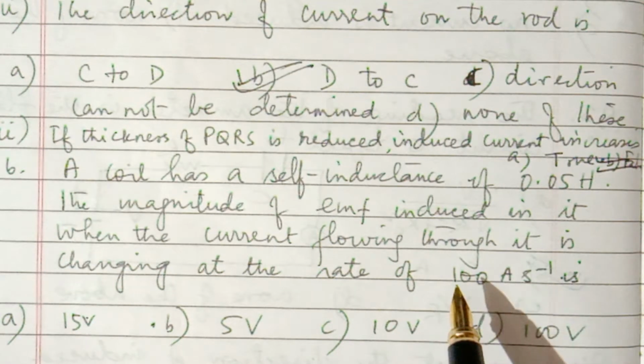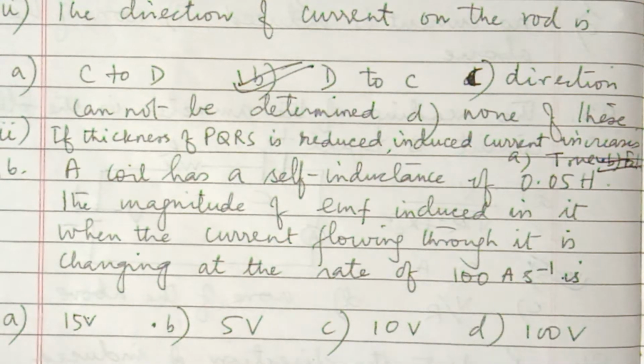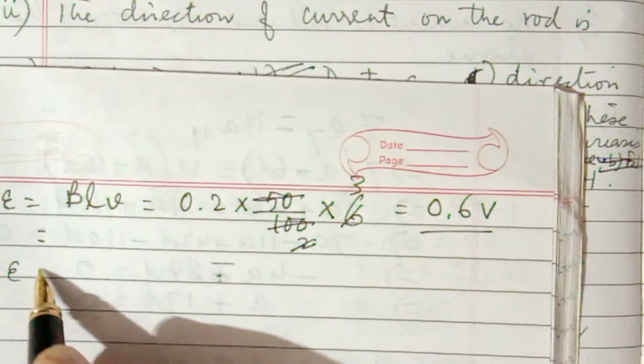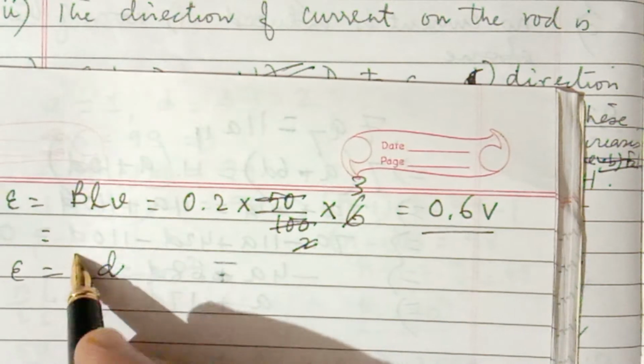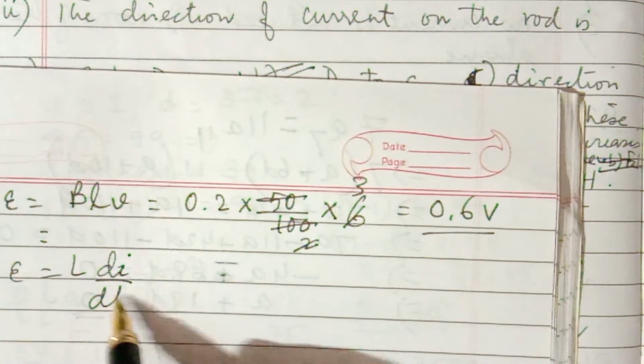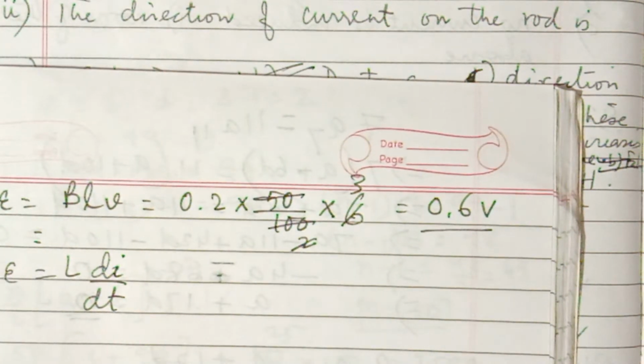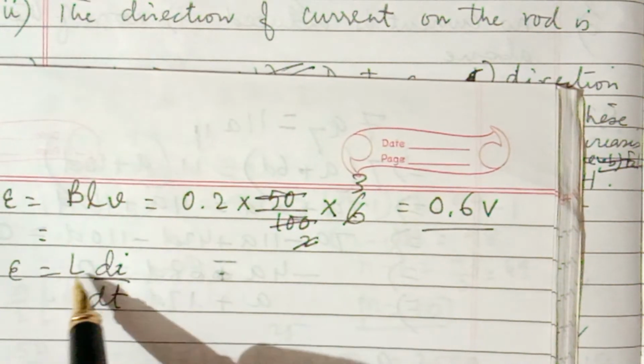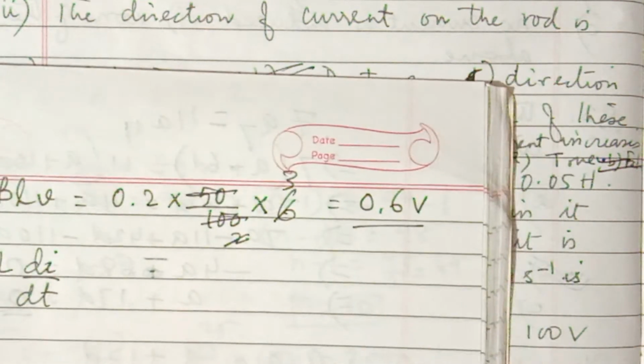So this is di by dt. Then what you will find? EMF equals L di by dt. So this formula you can use. We need only magnitude, so no need of putting minus, just calculate the values.